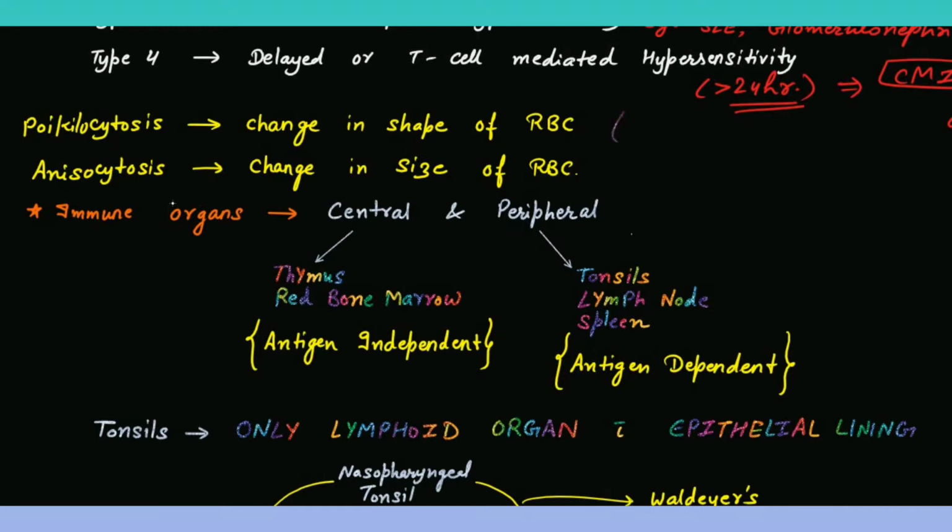So we can remember it as PPSA: the P here denotes poikilocytosis, and also P means shape, so PP, and the A is anisocytosis, and S is size. So PPSA, poikilocytosis and anisocytosis.